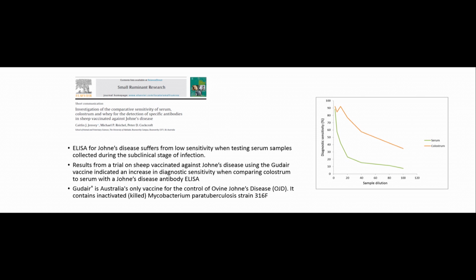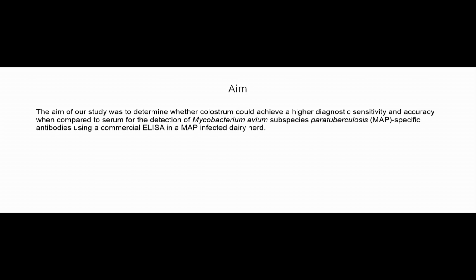And if I showed you the graph with whey, where you extract the whey using rennin, you get an even bigger increase in sensitivity. So we already had some background data implying there could be an increase in sensitivity if we looked at colostrum as a sample type.